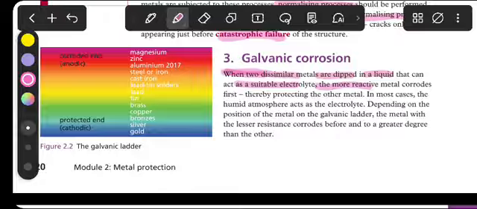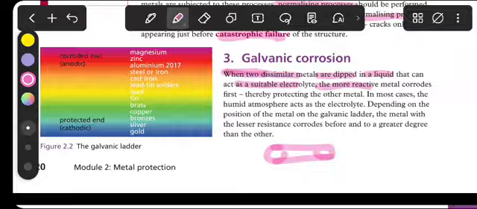This type of corrosion is like when you apply an acid on a metal. You take a steel and dip it in acid, or you put zinc with it. This corrosion happens when you dip a metal into a liquid.